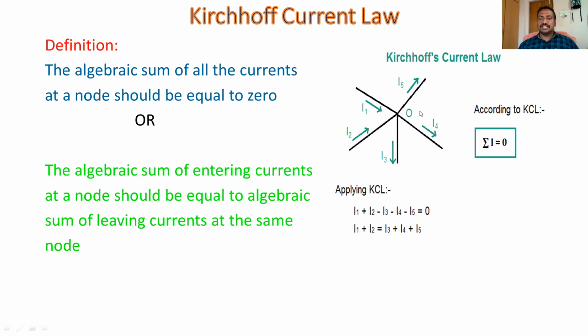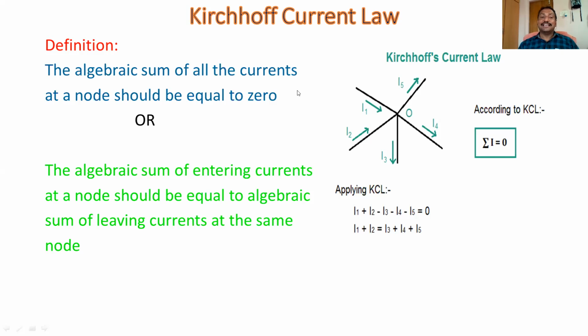See here, we consider one example. This O is indicated as a node. Here I1 is entering, I2 is entering, I3 is leaving, I4 is leaving, I5 is leaving. So we have 5 branches of currents meeting at a node, and as per KCL, we write the equation for these 5 branches in terms of the current.